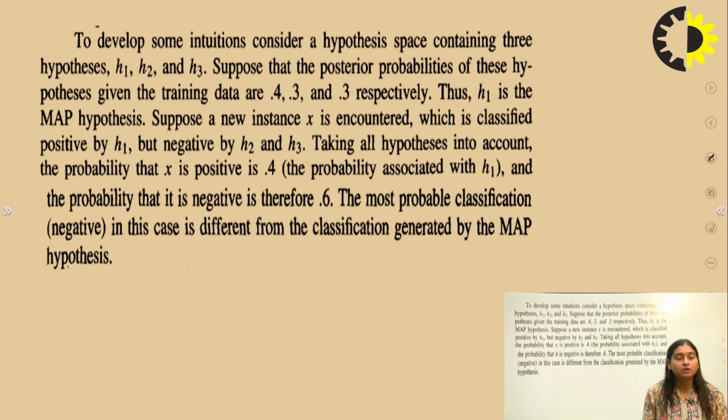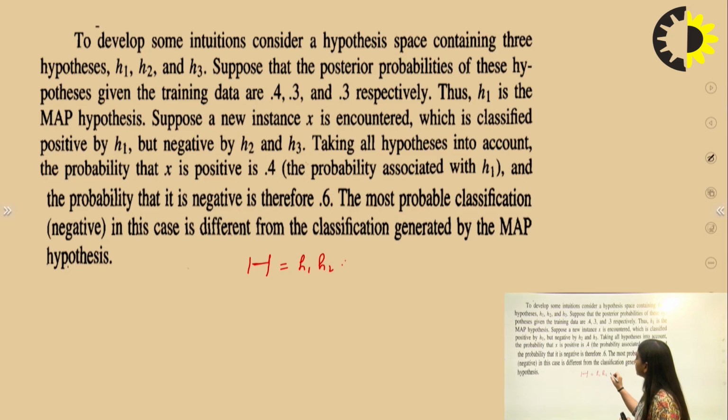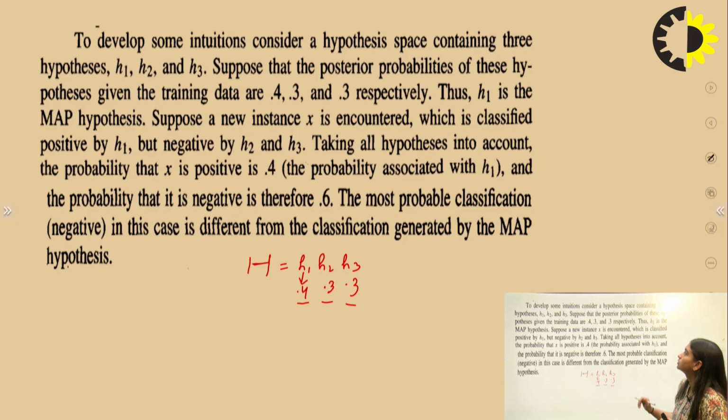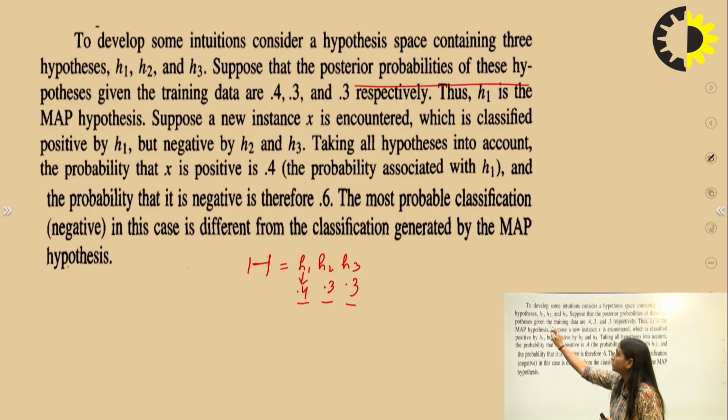To develop some intuition, consider three hypotheses. We have a hypothesis space, capital H, and I have three hypotheses, H1, H2 and H3. H1 value is 0.4, H2 value is 0.3, H3 value is 0.3. These are the posterior probabilities of these hypotheses.